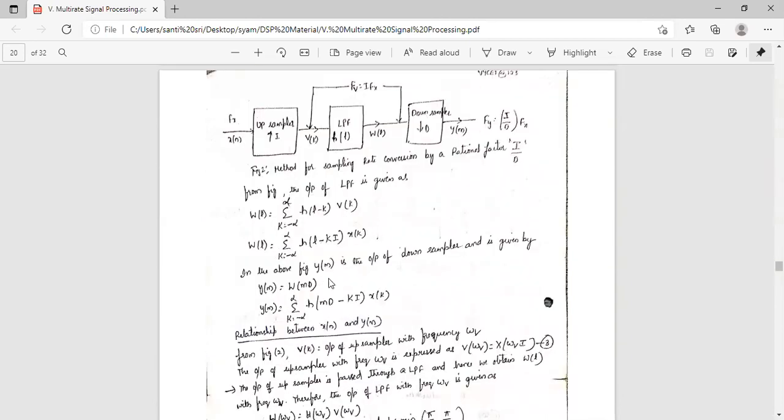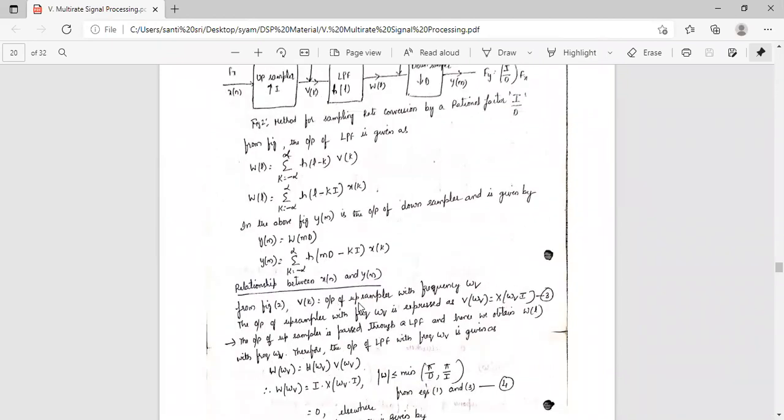In the above figure, y(m) is the output of the downsampler, given by y(m) equal to w(m D). So y(m) equals the sum over k from minus infinity to infinity of h(m D minus k I) into x(k), where l is replaced by m D.